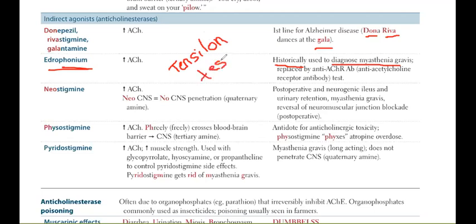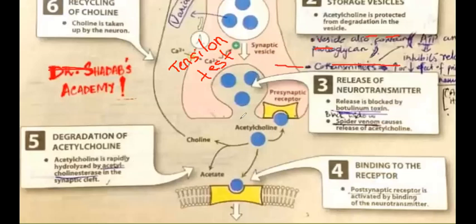What happened in that test is we give this drug to the patient, and it acts and prevents acetylcholinesterase from hydrolyzing acetylcholine, and acetylcholine remains bound to the receptor for a longer period of time, and it helps the muscles to contract.